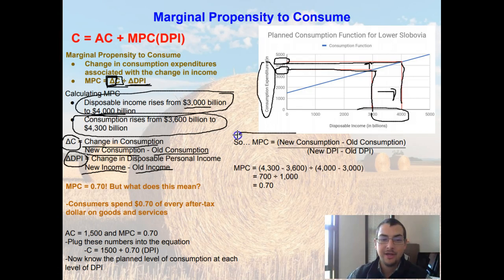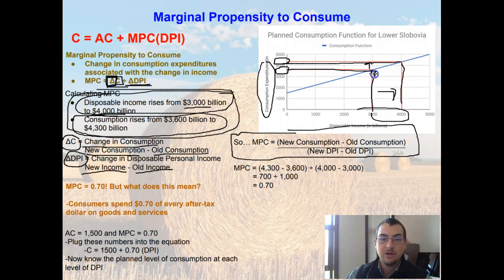So if we plug all that in, we get this nice, long, elaborate formula: marginal propensity to consume is new consumption minus old consumption divided by new disposable income minus old disposable income. Let's go ahead and plug the numbers in from these two points chosen off of our graph.